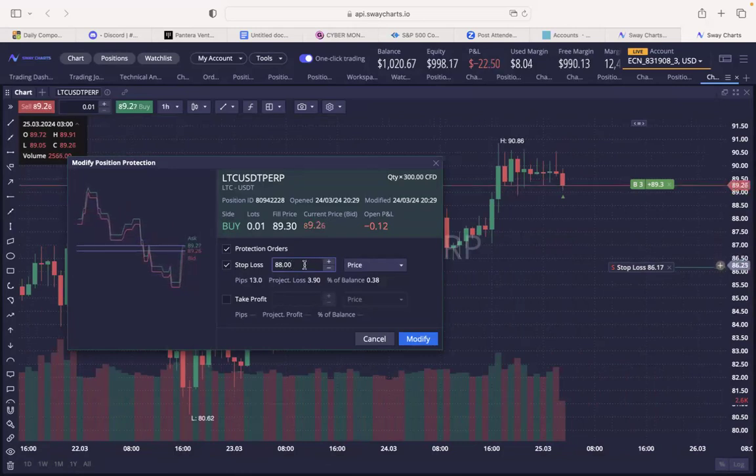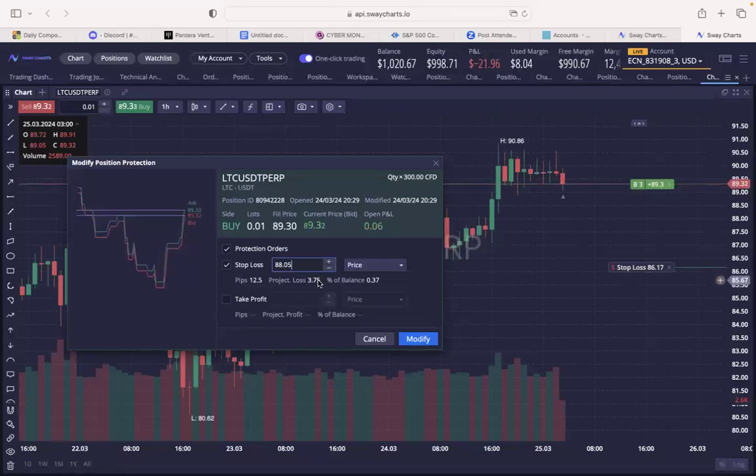Let's do 88.5. You see that? This means if I lose, I'm going to lose $3.75. So that is my risk. That is what I'm risking in this trade, right?